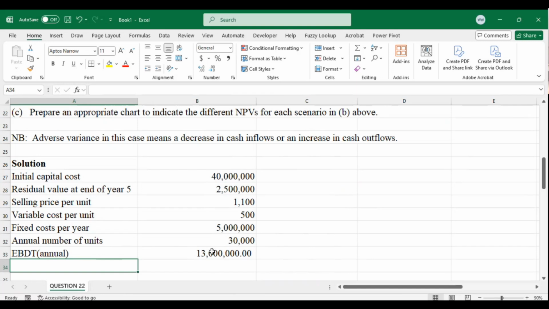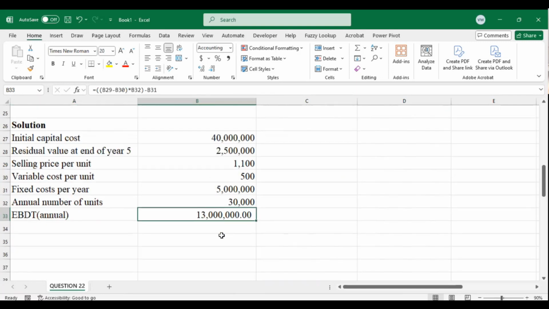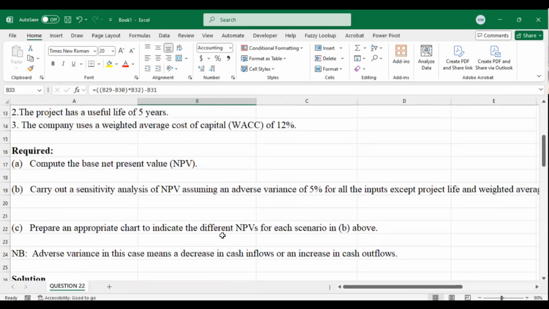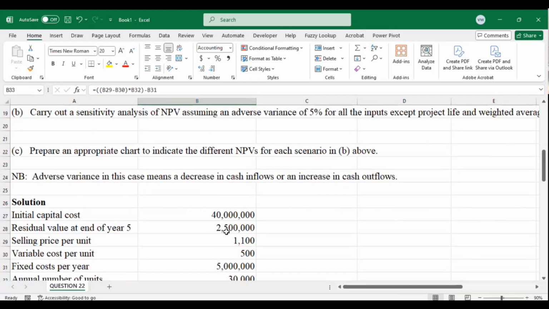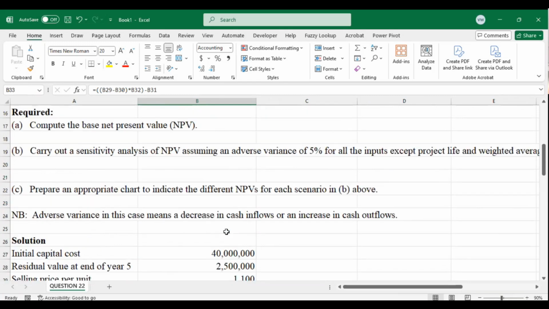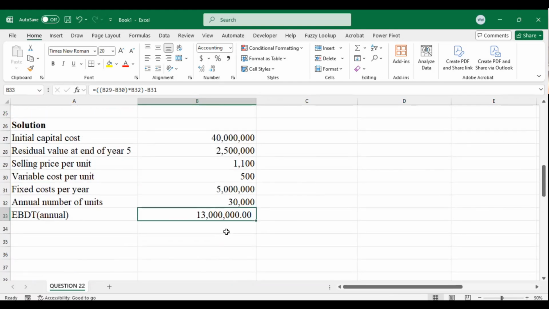So now that I have the earnings before depreciation and tax, remember this question was silent on taxes and it was also silent on the capital allowance. You can decide to ignore that part or you can decide to introduce it. Sometimes the question makes it very easy and just says that you ignore taxes.